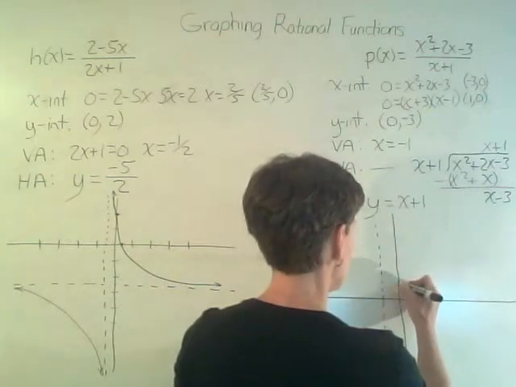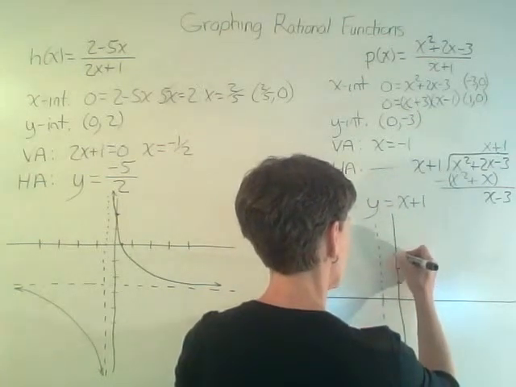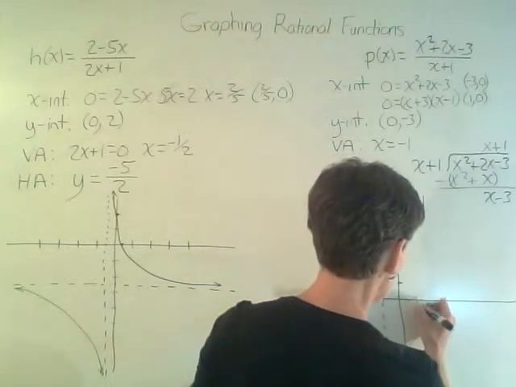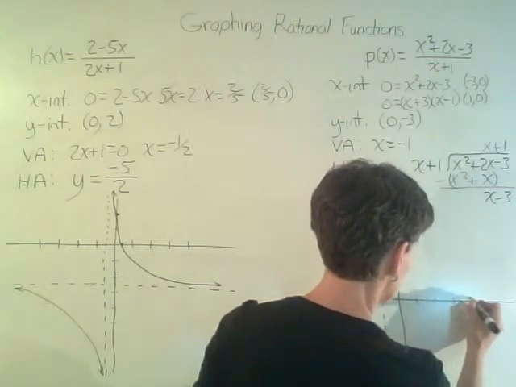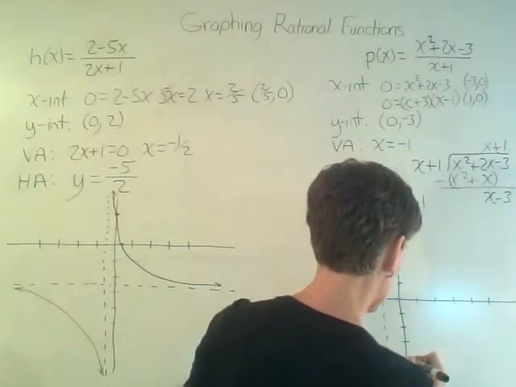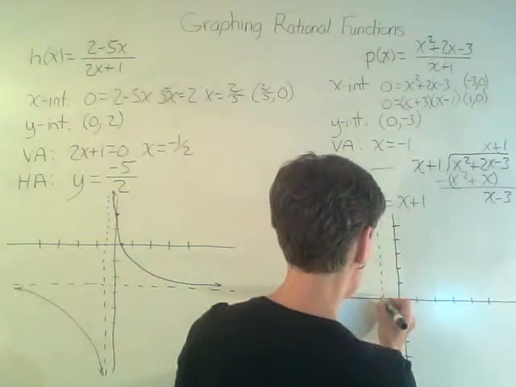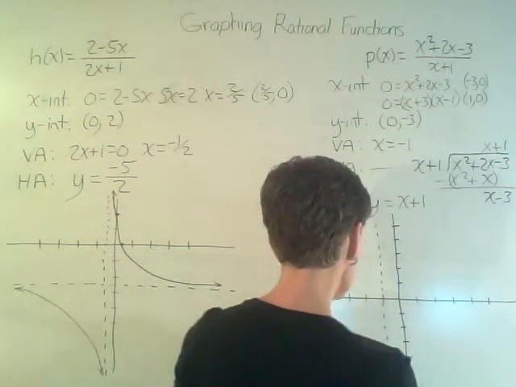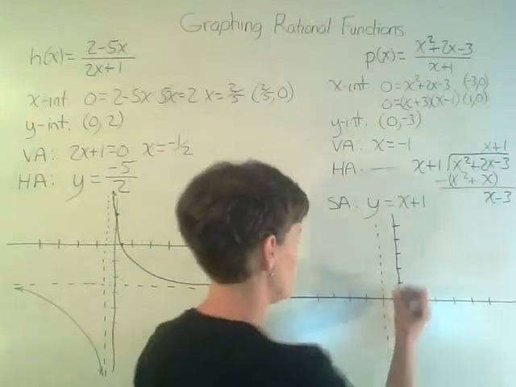And then my slant asymptote, it's a line, but it's got a slope other than 1. Now, this is not doing a very good job here on my graph, so it's going to be a little hard to get that just right, which of course is easier if you have graph paper.